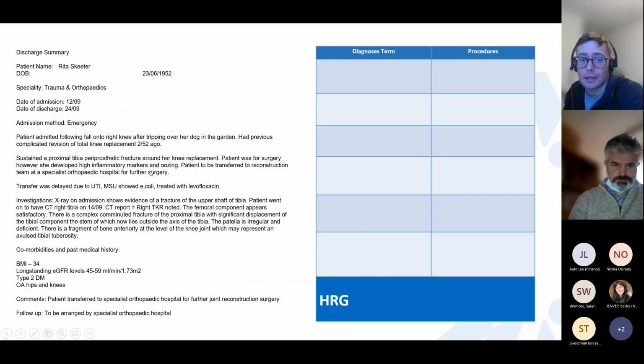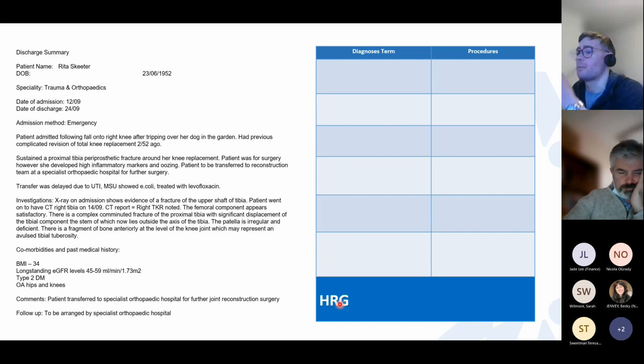She had an infection while she was in hospital. Then she had a UTI that was just developed, that grew E. coli, and she had a scan. And we've got some comorbidities at the bottom. So she had a BMI of 34, long-standing EGFR levels of 45 to 59, and type 2 diabetes and osteoarthritis in the hips and knees.